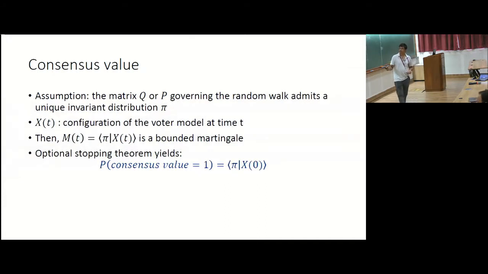Take the dot product of that vector with the invariant distribution pi; that's your M(t), and that is a bounded martingale. You can apply optional stopping to that, and it tells you that the probability you reach consensus on the value 1 is the dot product of pi with the initial condition, x naught. So you get the probabilities as well.